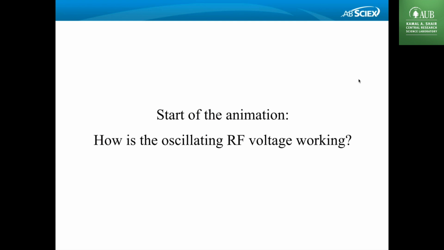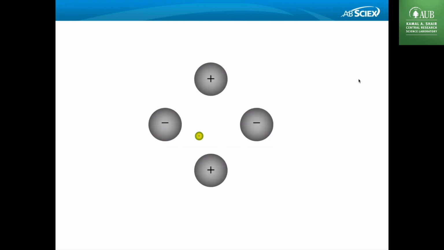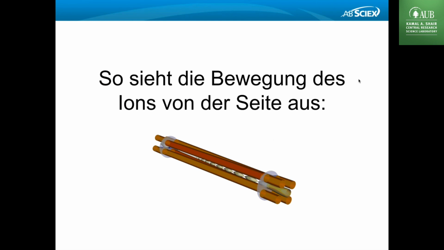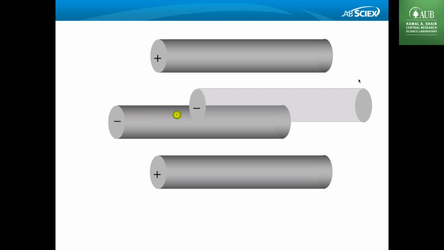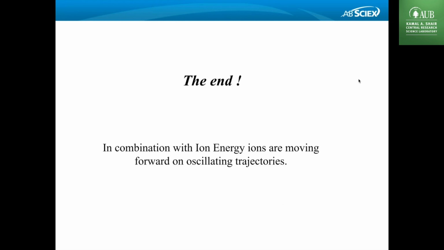So here's the animation. I hope it will work nicely for you in the internet. So you see the changing of the rods, and the ion is making that circular pattern. Now, if we look at it, so some German language, but if we look at it from the end point, 3-dimensionally, you see the corkscrew motion that the ion is making as it passes down the rods. So that's how the quadrupoles work as a mass filter.